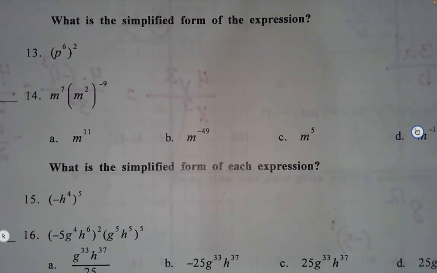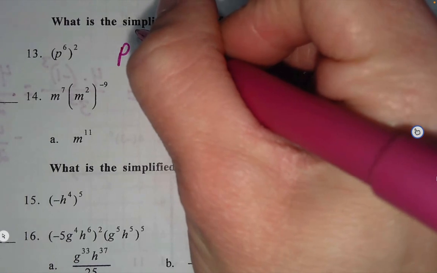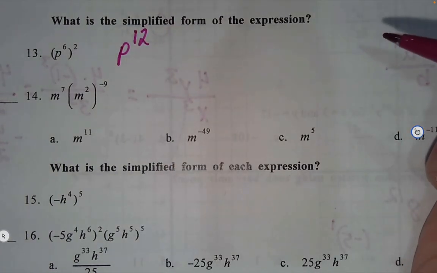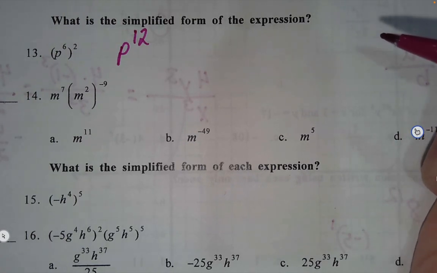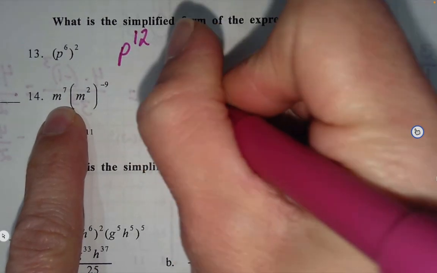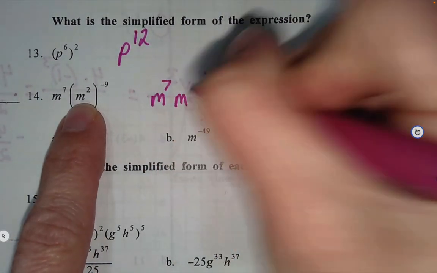For number 13, we have a power to a power. What do we do with that? Multiply. So that's going to be p to the what? 12. 6 times 2 is 12. We get p to the 12. Now on this one, I would break it up into 2 steps. The m to the 7th, I don't do anything with it just yet. But what about this one? What is 2 times negative 9?